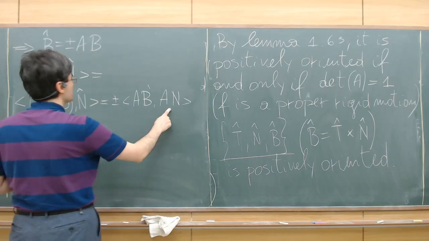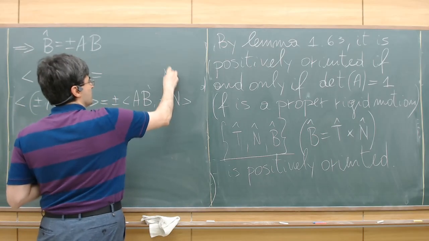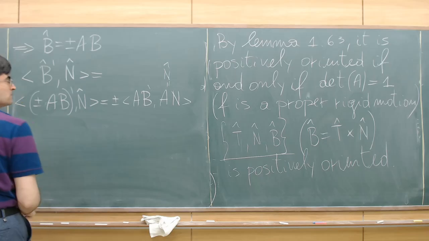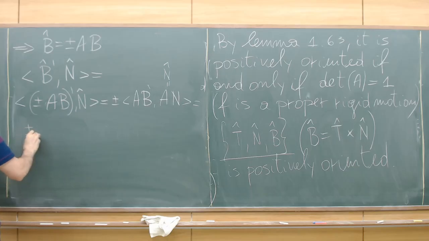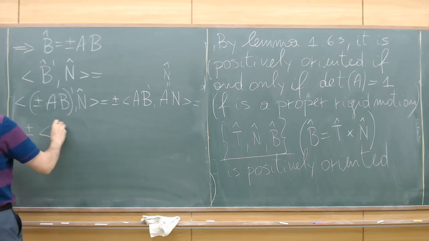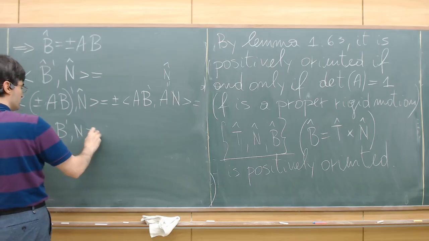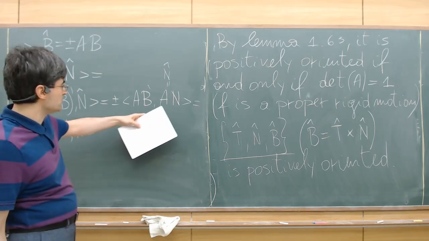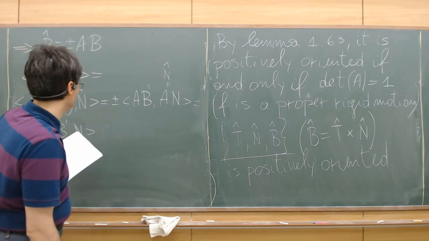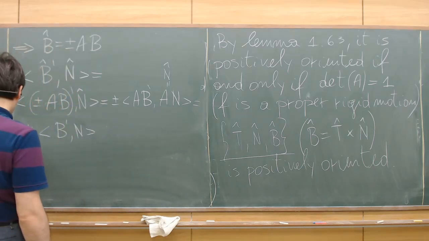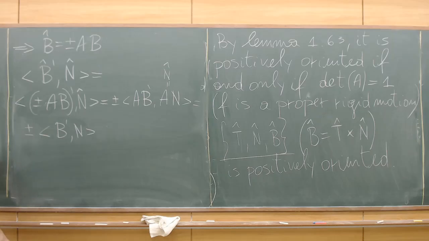We proved before that n hat is A n, and this can be written as plus or minus B prime comma n. Why? Because orthogonal matrices preserve inner products. Okay, so you know the formula of torsion.